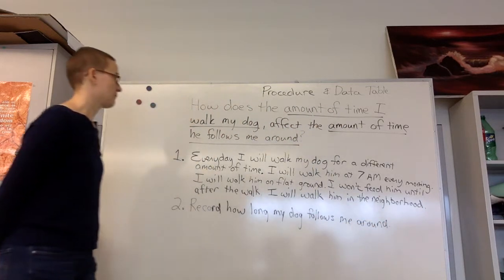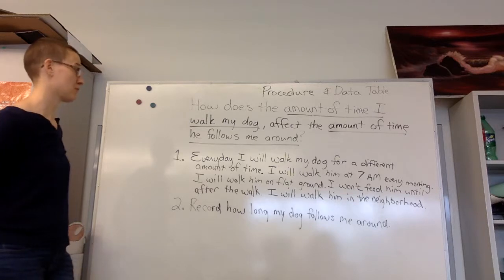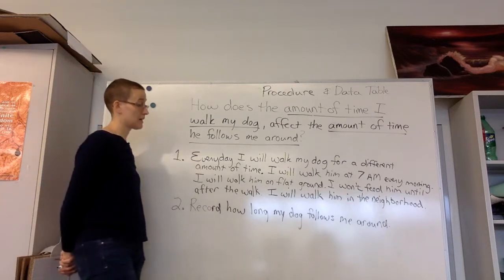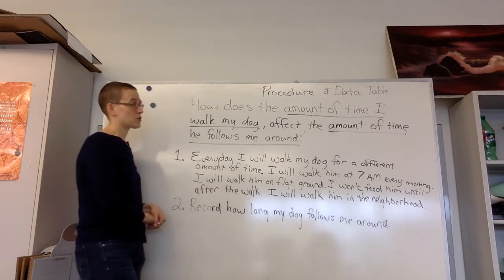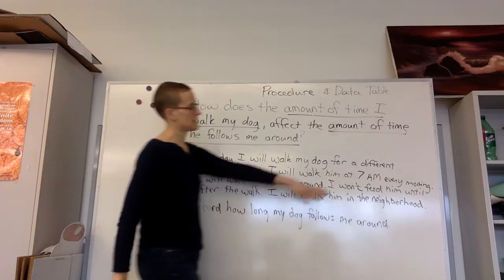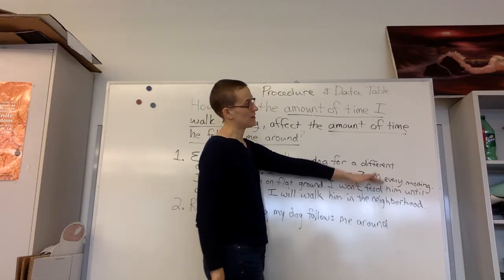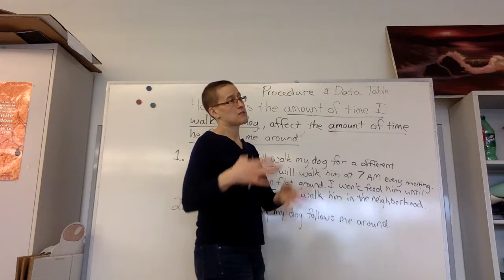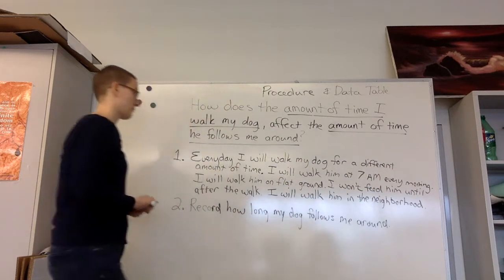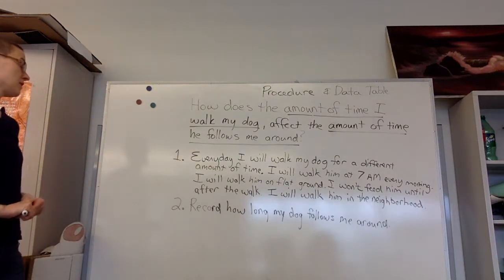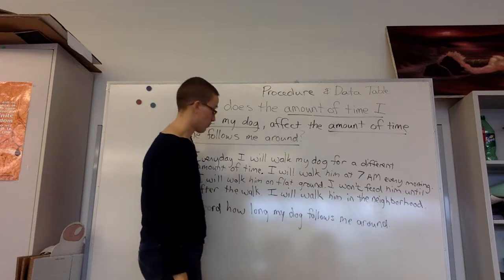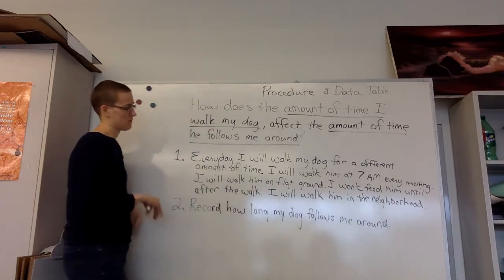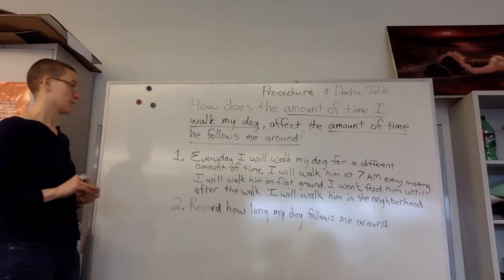So assuming that I'm home the same time every day, then I'd be able to do this. So I would want to make sure that I'm only taking data on the days that I'm able to walk him at 7 and then be home with a consistent schedule to see how often he follows me around. So since I'm not always home, what I'm going to do is I'm going to specify what hours I'm going to be looking at this for.